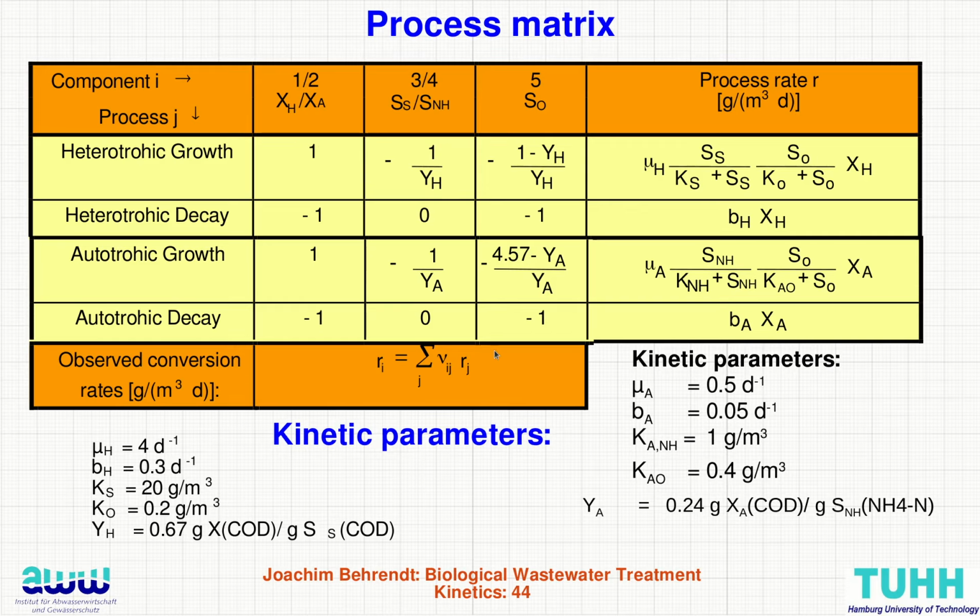And in the mass balance the reaction is compiled as a sum of the stoichiometric coefficients multiplied with the process rates. So if we want, for example, to do this for SS, then we have minus 1 divided by YH, and then plus 0 times the decay rate of the microorganism. Or for oxygen, we have exactly what we have seen. And so we can transfer this process matrix easily to a mass balance.